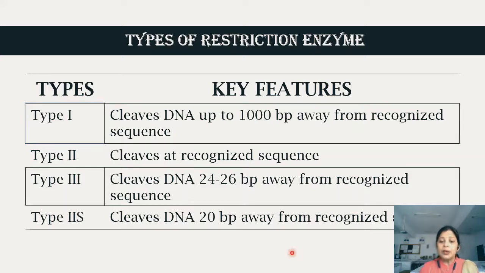Why? Because we know where the cut will be made. That is very important for genetic engineering, to decide and to know where we want the cut. If we don't know, if it is random, if it is 1000 base pairs away, then our purpose is not solved. So for genetic engineering, we are going to use the type 2 restriction enzymes.